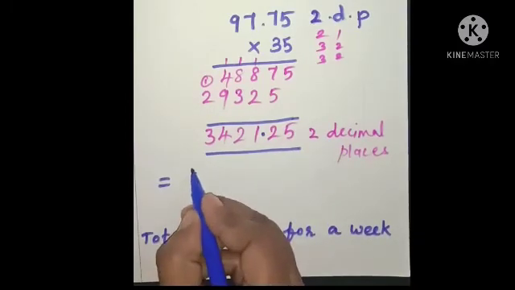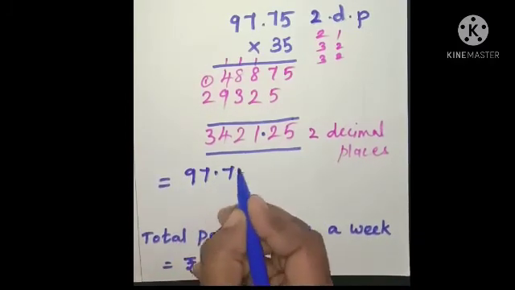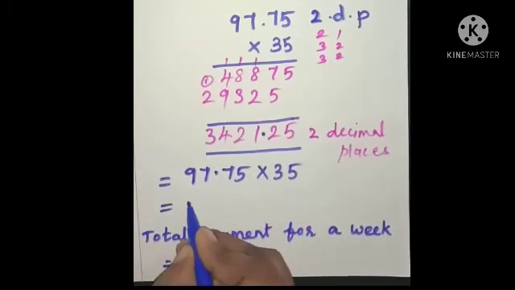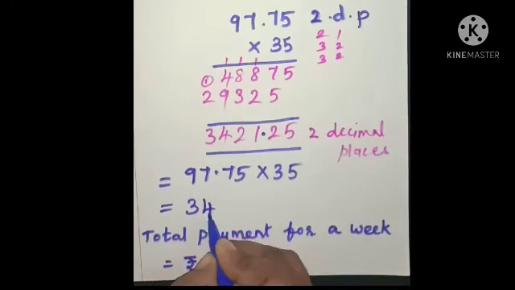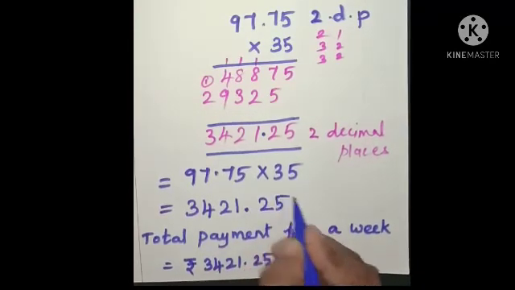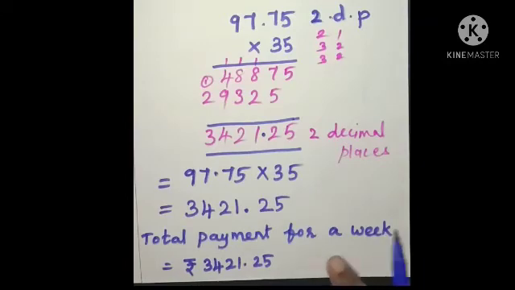Children, listen carefully. 97.75 into 35 gives 3,421.25. Total payment for a week is rupees 3,421.25.